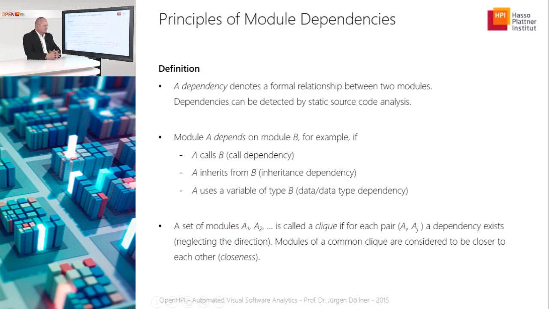So if there's always at least one dependency between two members of the set, then these modules of the set are considered to be closer to each other. So we talk about closeness of modules.